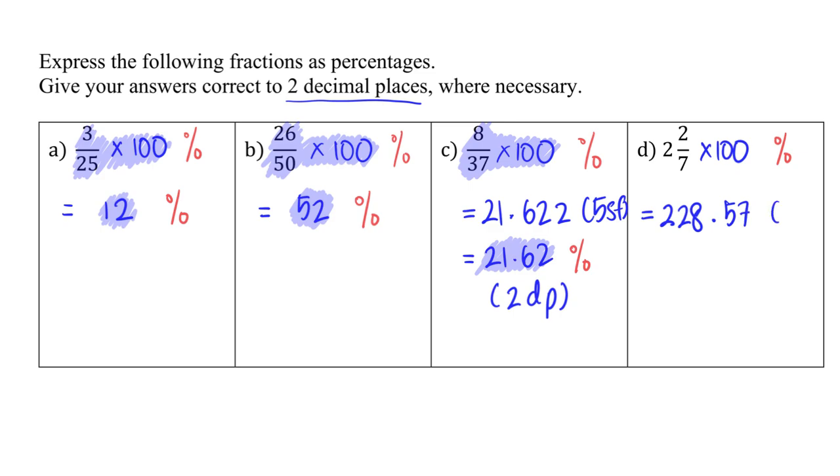Rounded off to about 6 significant figures. Final answer to 2 decimal places, 228.57%. This is to 2 decimal places.